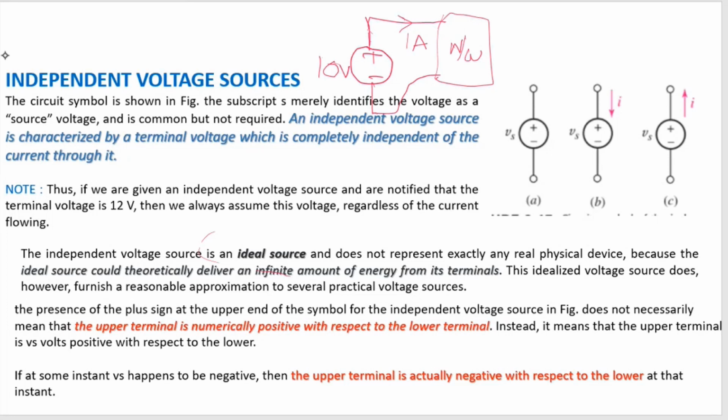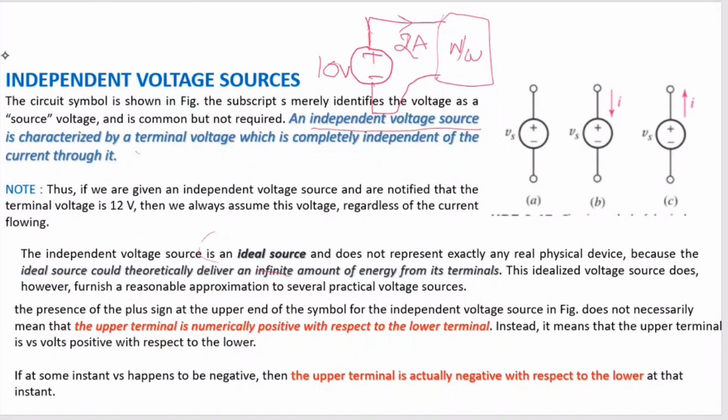If it demands 2 amperes of current, it has to deliver 2 amperes from the positive terminal. Like that, this independent voltage source is unaware of the amount of current that is delivering from its positive terminal. That we are calling an independent voltage source.